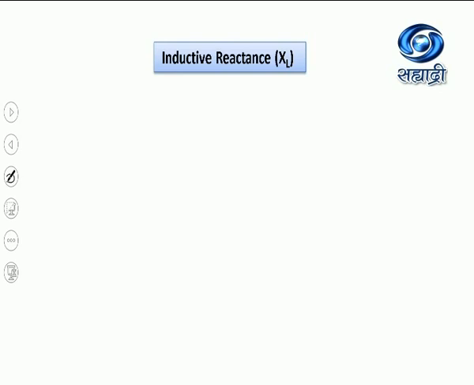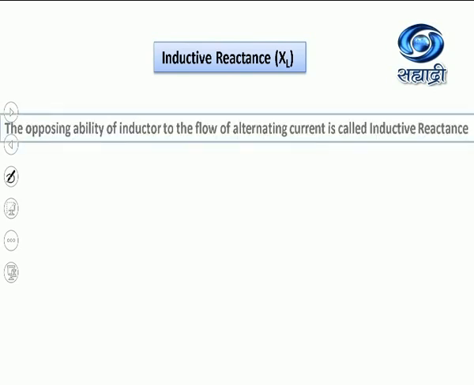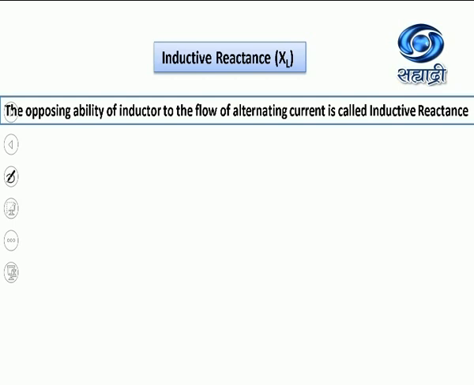Now there is a concept of inductive reactance. Reactance is represented by the symbol X and it is offered by the inductor, so L represents its self-inductance. That's why the symbol is XL. The opposing ability of the inductor to the flow of alternating current is called the inductive reactance.